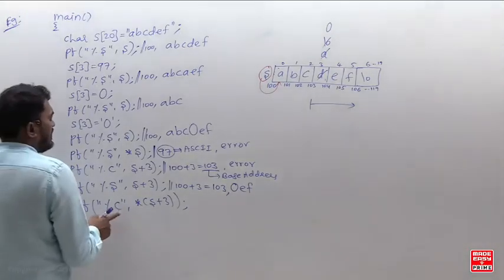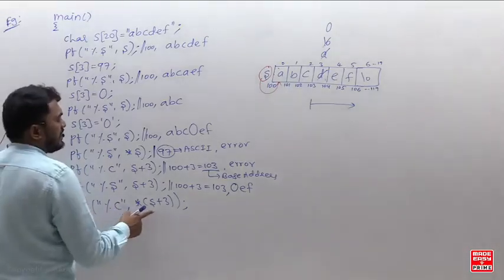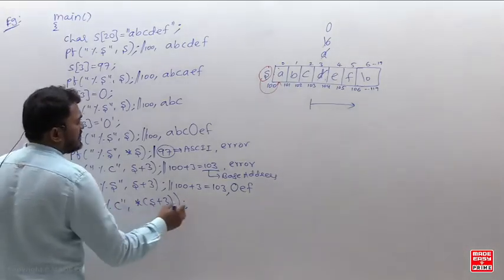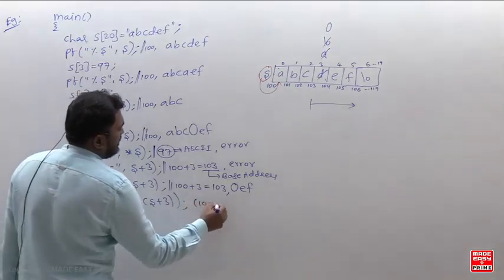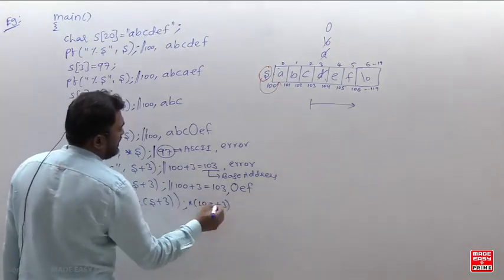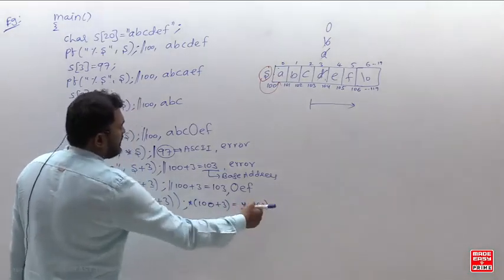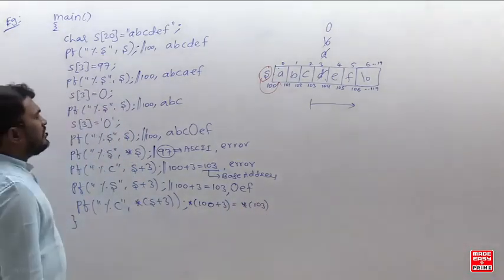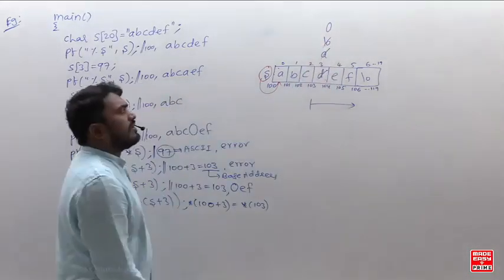Next, percentage C should be given an ASCII value. For percentage C you need to provide the ASCII value. S plus 3 whole star. Now tell me here, that is indirectly 100 plus 3 whole star, that is indirectly star 103, the value at the location 103. Value at the location 103 means what? You are having 0.